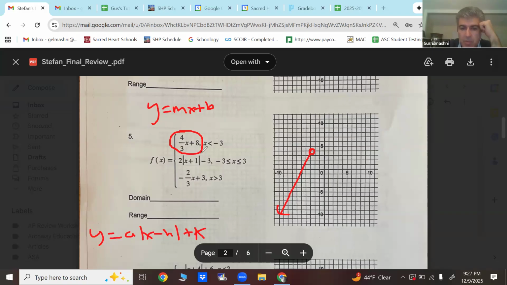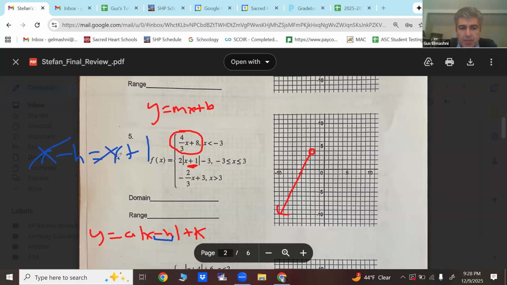So when you see +1 and -3, the +1 is going to help you determine h. So what do you think h is? If you see x plus 1, what would you put in place of h to make it x plus 1? What would h have to be to make this x plus 1 on the inside? Just have x minus h equals x plus 1.